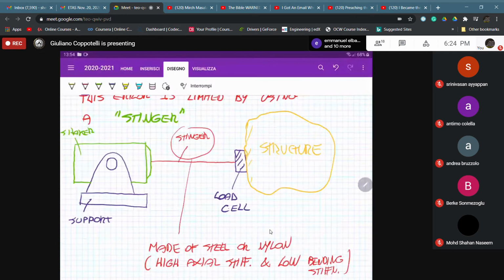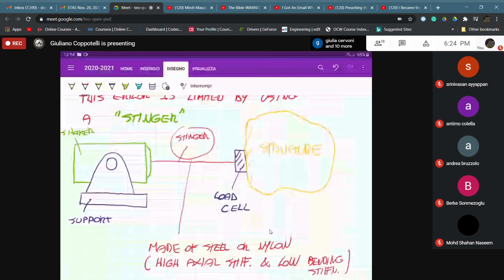With this device, we can also control the excitation direction through this stinger. And why that?